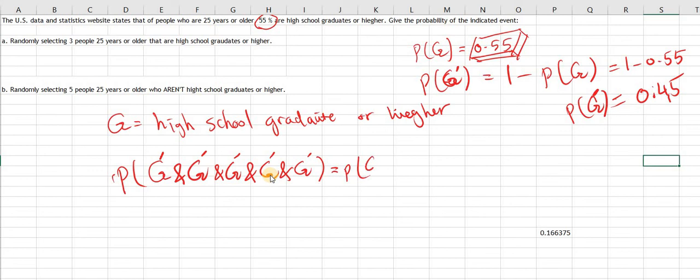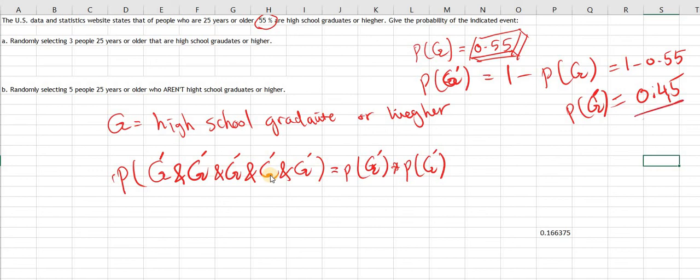This is equal to the probability of selecting the first one who's not a high school graduate or higher times the probability of selecting the second one who's not, given that the first one was selected not a high school graduate or higher.